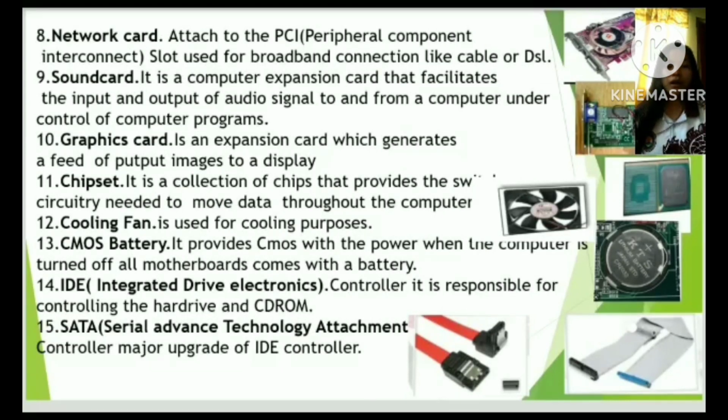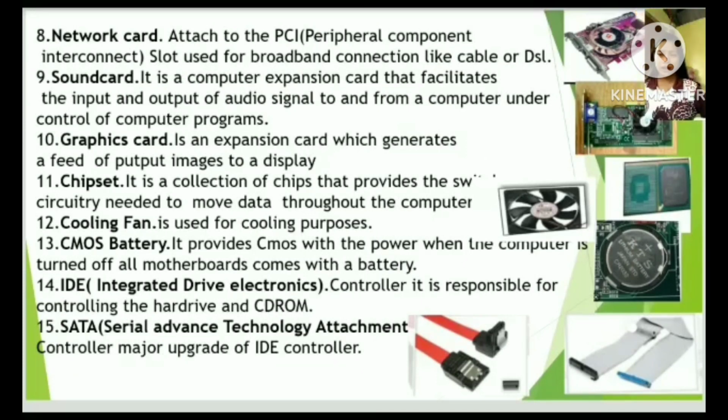Sound card. It is a computer expansion card that facilitates the input and output of audio signals to and from a computer under control of computer programs.